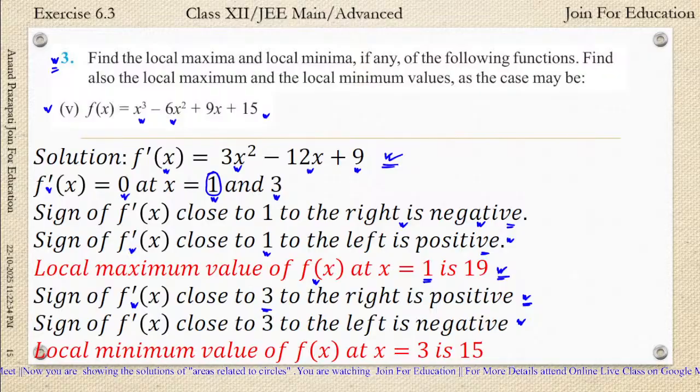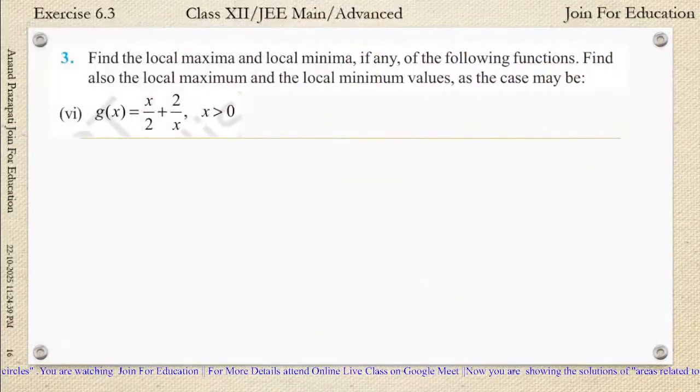Therefore, local minimum value of f x at x equal to 3 is 15. After that there is no problem to understand the solution of question number 3 to 5. Let's see the question number 3 to 6.